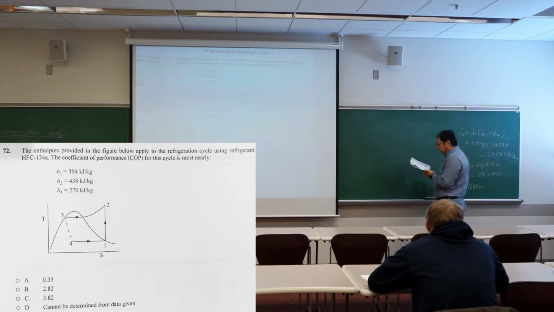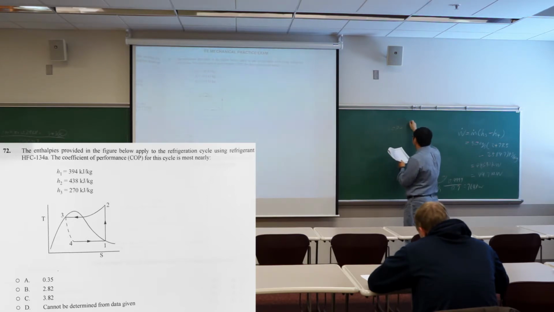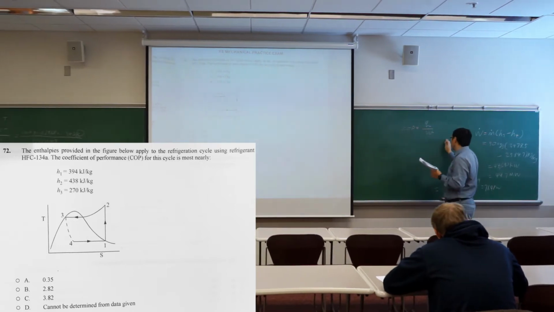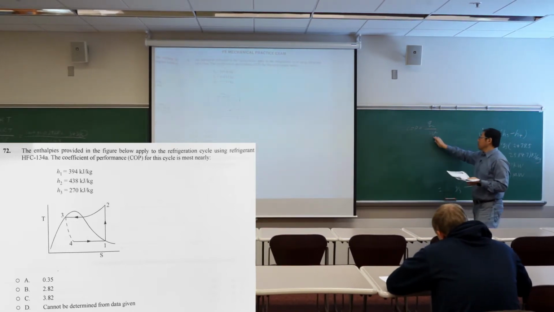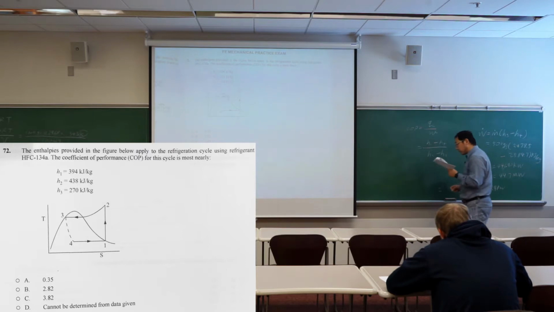It's asking for the COP. It's the heat being removed divided by the work input of the compressor. So you're going to have H1 minus H4 over H2 minus H1.